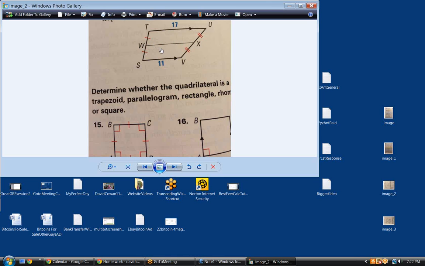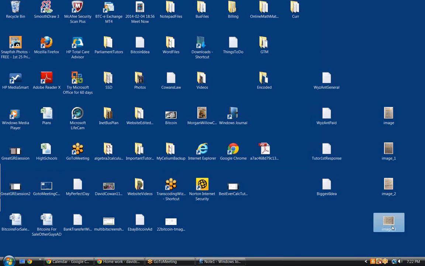So 11. How do you figure it out algebraically? How do you figure out the midway point between 11 and 17? You add them together and you divide by 2. So 28 divided by 2 gives us 14. All right, so you want me to close this one out and go to the last image? We've got about 8 minutes here.